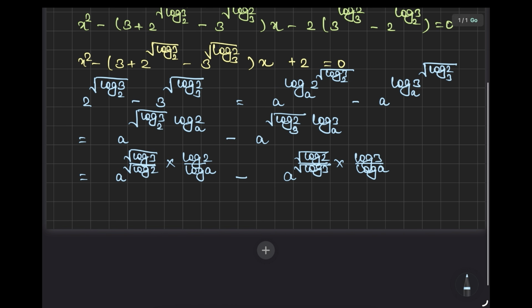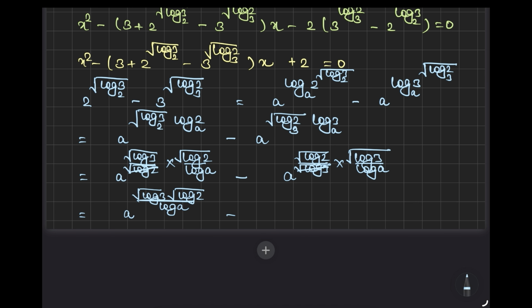Now look at this. This is root. Can I eliminate this by this? Correct. And it is also the same thing. So can I say that we got a power root log 3 times root log 2 by log a?